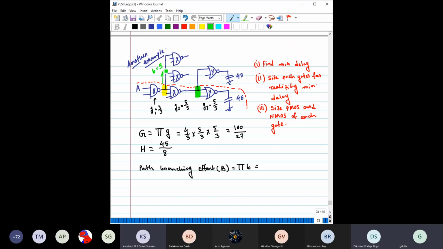Could you please explain how you are getting this number 3? The C on path is X and C off path is 2X. So it is basically X plus 2X by X. That's what you are saying. Yes. Okay. Fine. And what is the branching effort here? 2. Right. I hope all of you have understood. If not, please let me know.